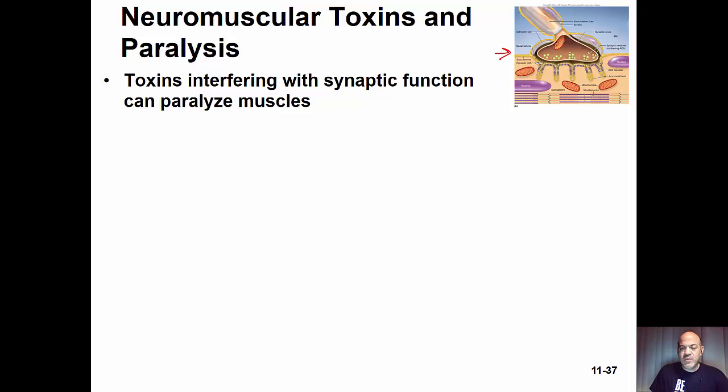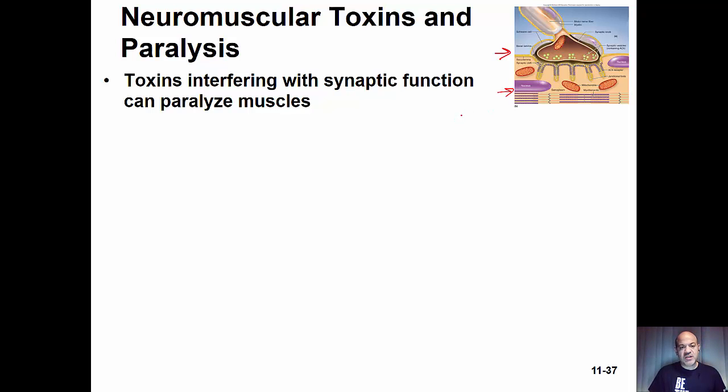When the nerve impulse comes down here, it's going to get the acetylcholine to be released into the synaptic cleft, and then the acetylcholine finds these receptors here. These receptors then grab onto the acetylcholine and cause membrane potential changes to occur here, which sets off an impulse along the membrane of the muscle cell, which this down here represents.